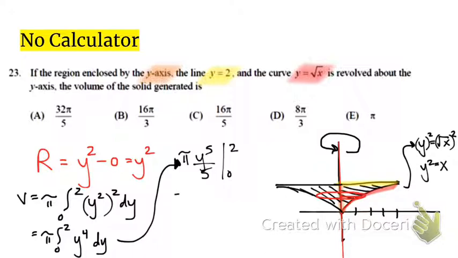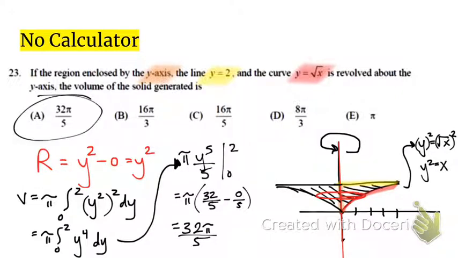If I use the fundamental theorem of calculus, that's pi times y to the 5th, which would be 2 being plugged in, would be 2 to the 5th. So that's 32 over 5. Minus, if I plug in 0, that's 0 over 5. So this is just 32 pi over 5, which is answer choice A. Next problem.